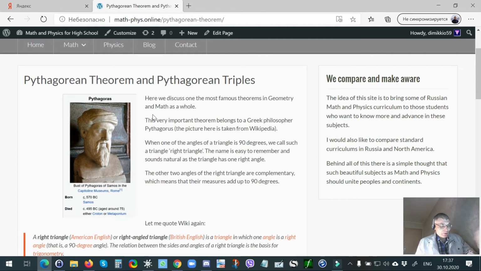So he was born a long time ago, in 570 before Christ. He lived for about 75 years, but in his life he made a huge contribution to mathematics. And maybe the most famous part of this contribution is his theorem, which is extremely important.